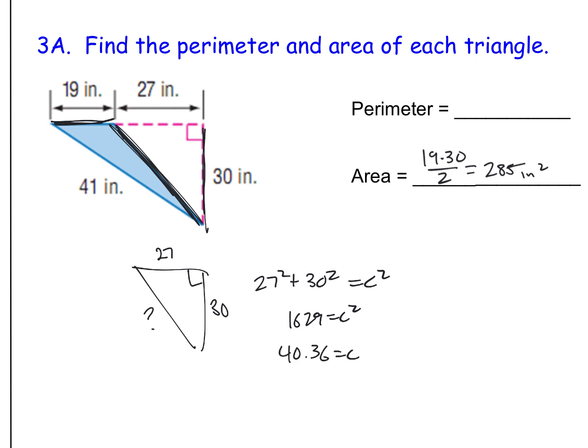So 40.36 will equal c. So I call that 40.36 plus 41 plus 19, and that's going to be 100.36 inches. And that's my answer.